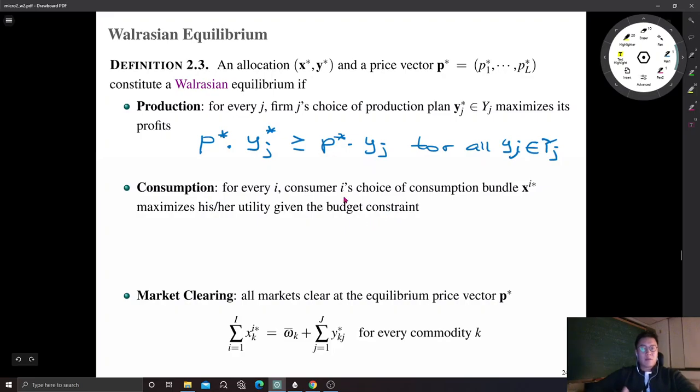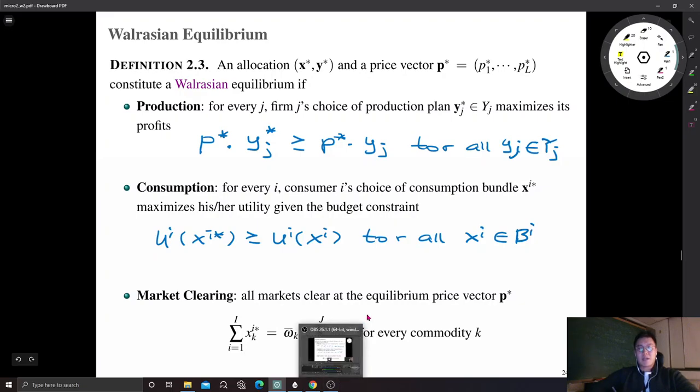So in math, we can write this as u i, consumer i's utility at the equilibrium allocation, should be higher than the utility at other bundles x i in the budget set B i, consumer i's budget set.